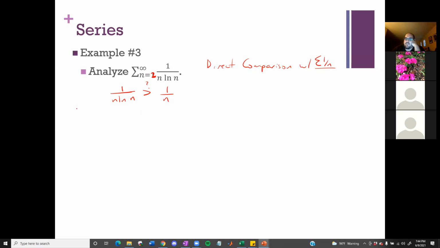We usually stick with p series and geometric series, and that natural log is going to make it really hard for me to choose a good series to compare with. So direct comparison's probably out. Ratio test and root, there's no roots or no powers here for the root test to help us with. Ratio test probably not going to help. So what's left?